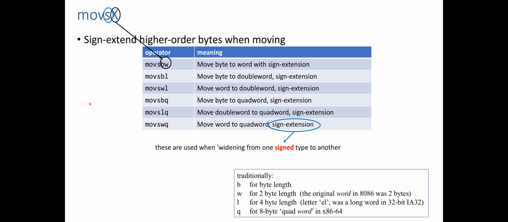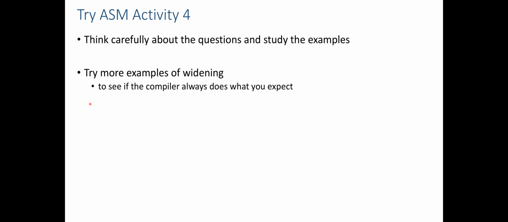Okay, now that you've seen a description of these two new instructions, what I want you to do is go ahead and try ASM Activity 4. I've got some questions in there, and I'd like you to study the examples there. Also, if you'd like, try more examples on your own of widening.